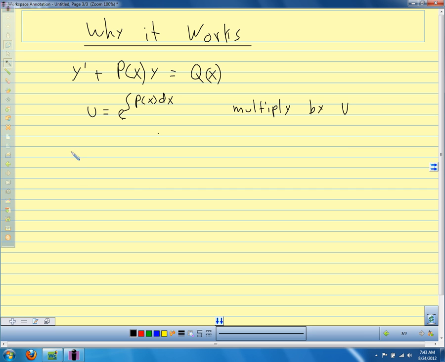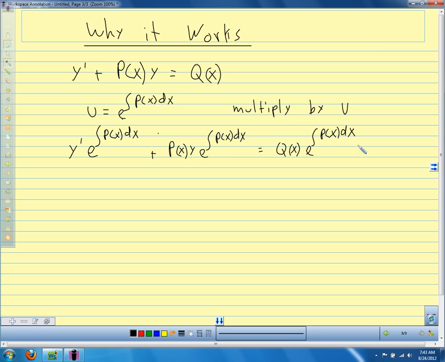So I get y prime e to the integral p of x dx plus, and I want to write this as p of x y e to the integral of p of x dx equals q of x times e to the integral p of x dx.